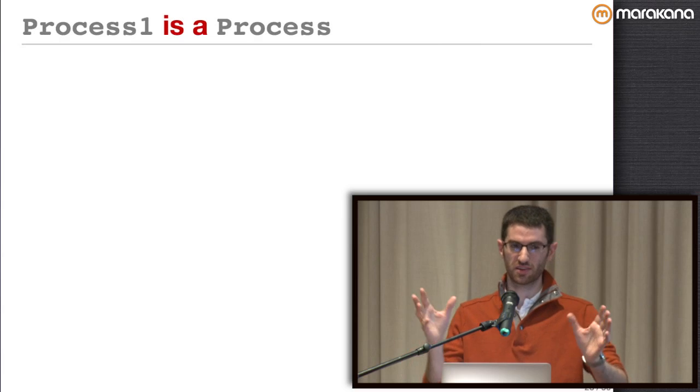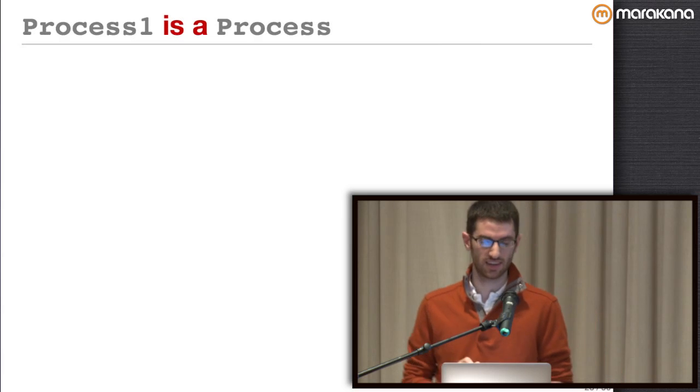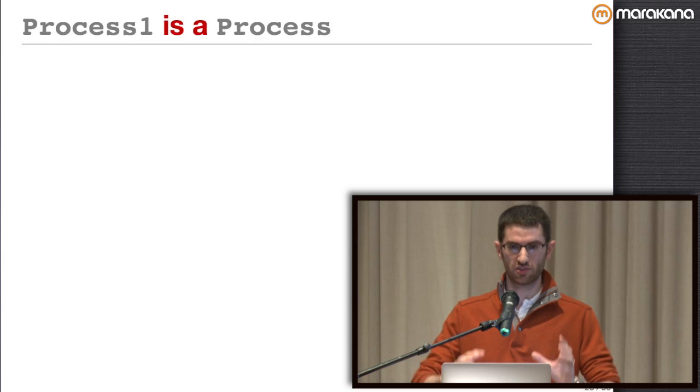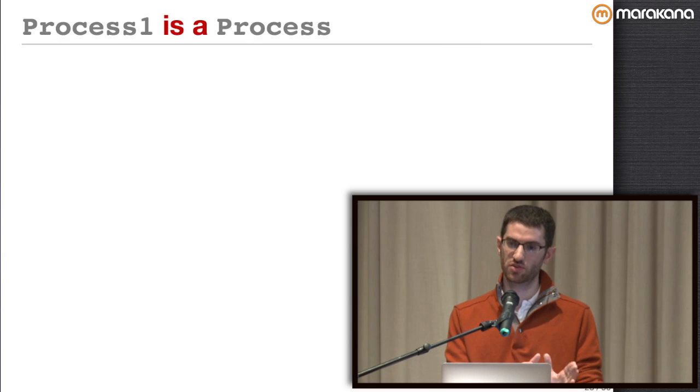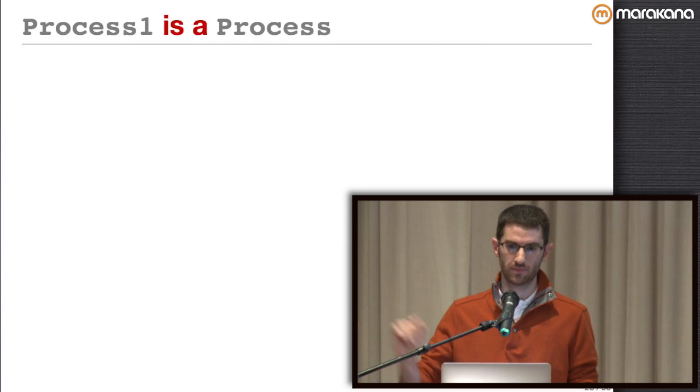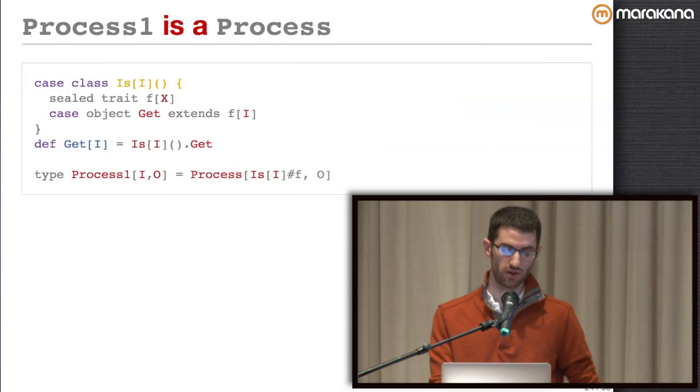Now let's look at how we can actually encode a process 1 as a process. The way that this is encoded in Scala is somewhat interesting. What we're basically doing is constructing an F, that type constructor F, which only allows us to make requests for values of type I. Here's one way you can do that in Scala.